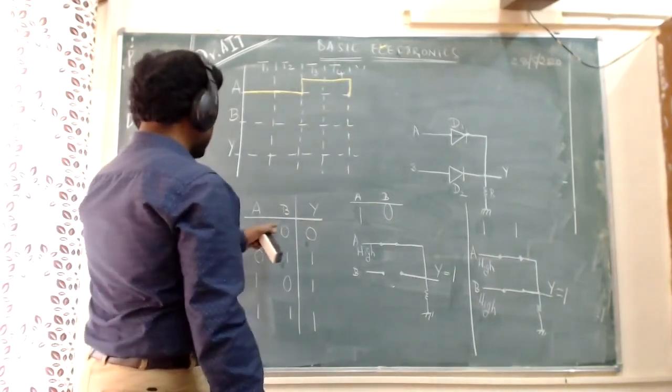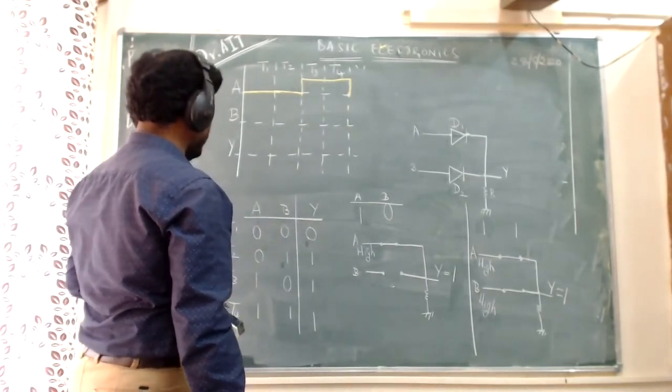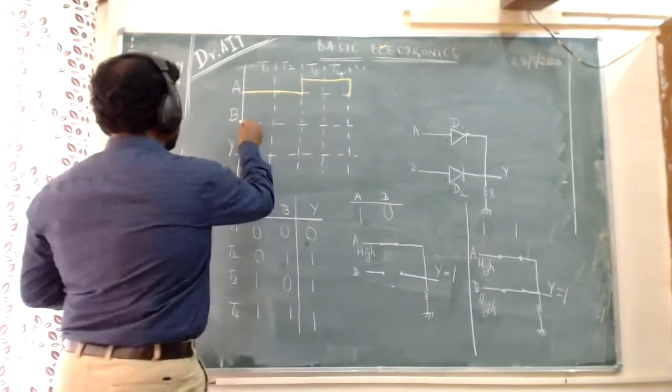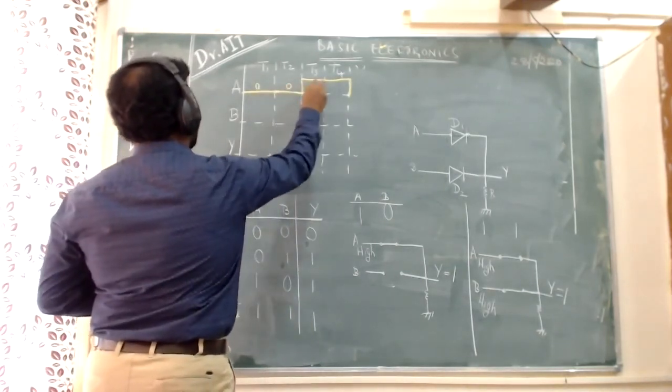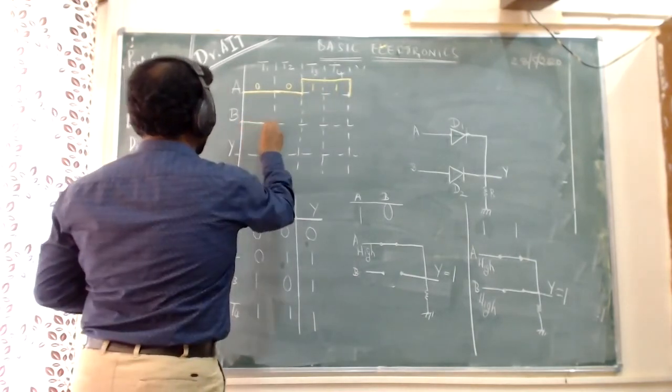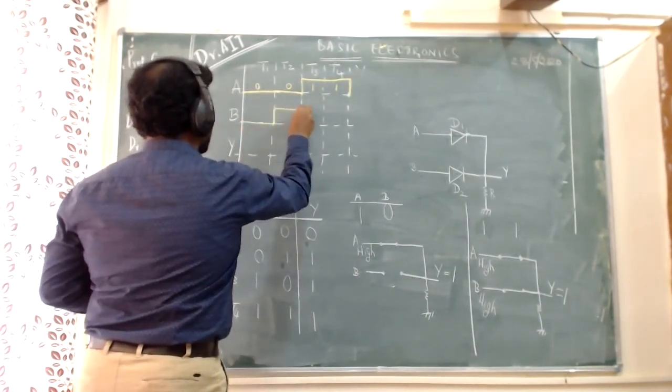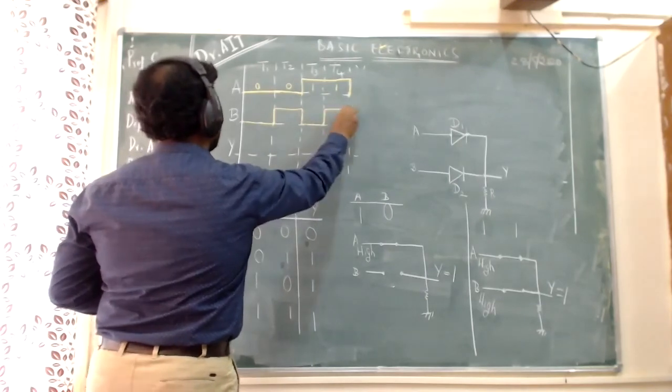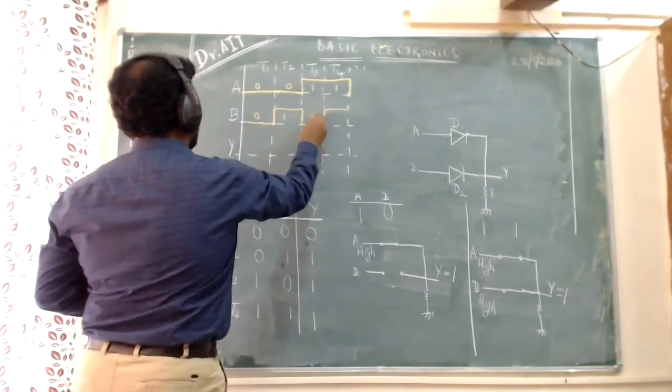Then considering input B, it is 0, 1, 0, 1.